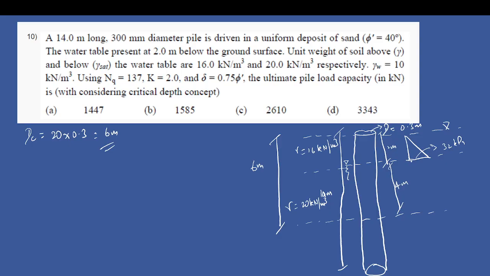So from here to here it's your 32, and then for this 4 part, since the water table starts from here, here is your 32, and this is basically 20 minus 10 because this is submerged, into 4.